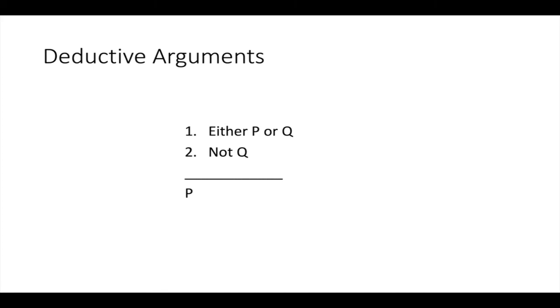Premise 2 tells us it's not Q. It's not the second one. Therefore, the first one has to be true. Try to explain why this is deductive to a friend or to yourself in the mirror or to your dog or somebody, because explaining these things will also help you understand them better. This is a valid argument structure.